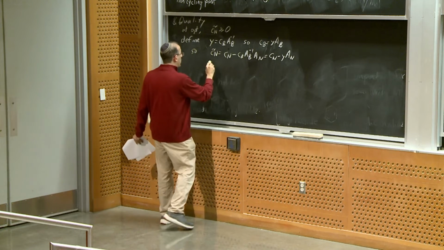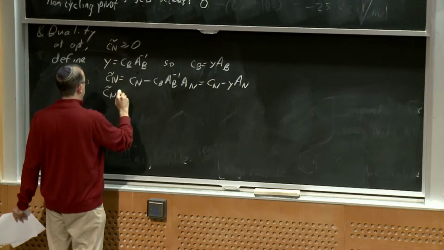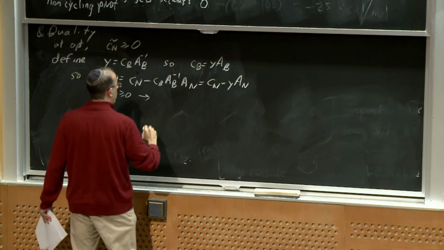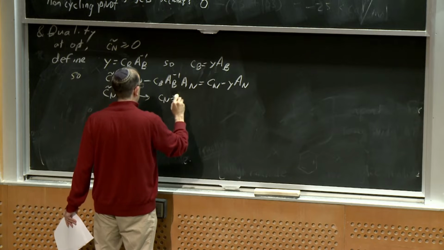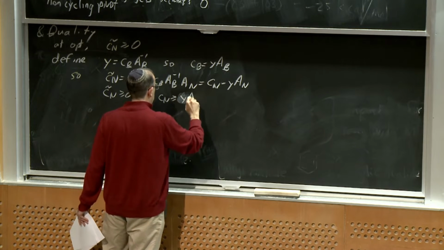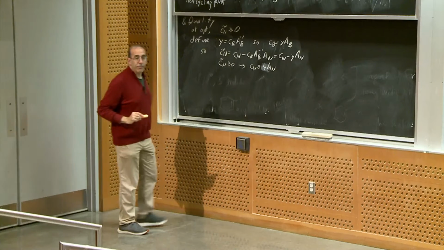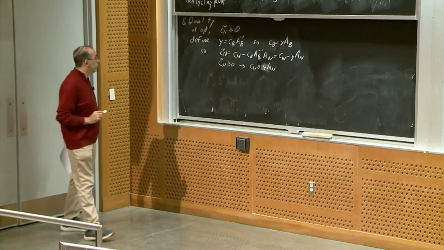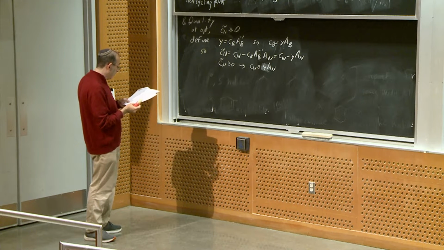We just said that the reduced costs are all non-negative. Looking over here, what that means is that Cn is greater than or equal to y times An. Just doing some regular algebra here.